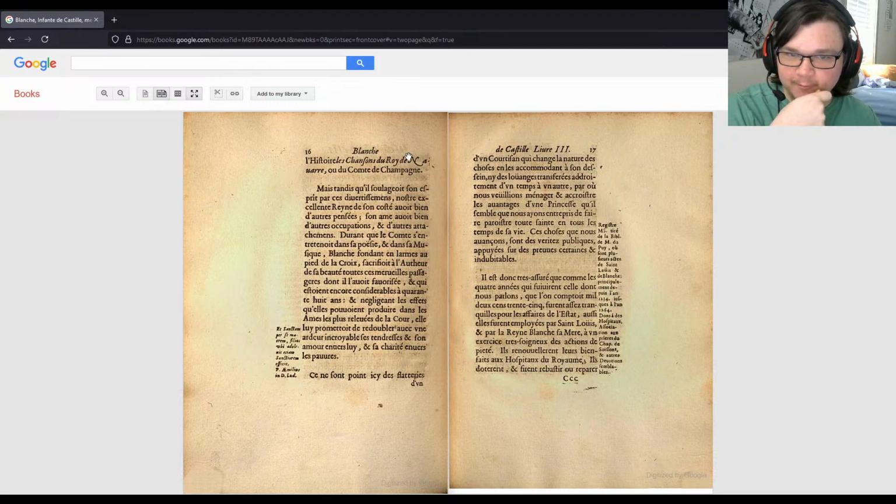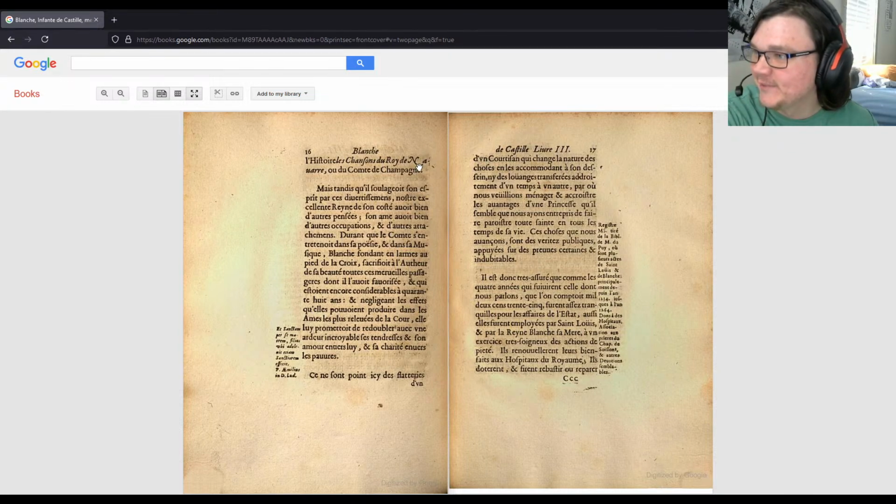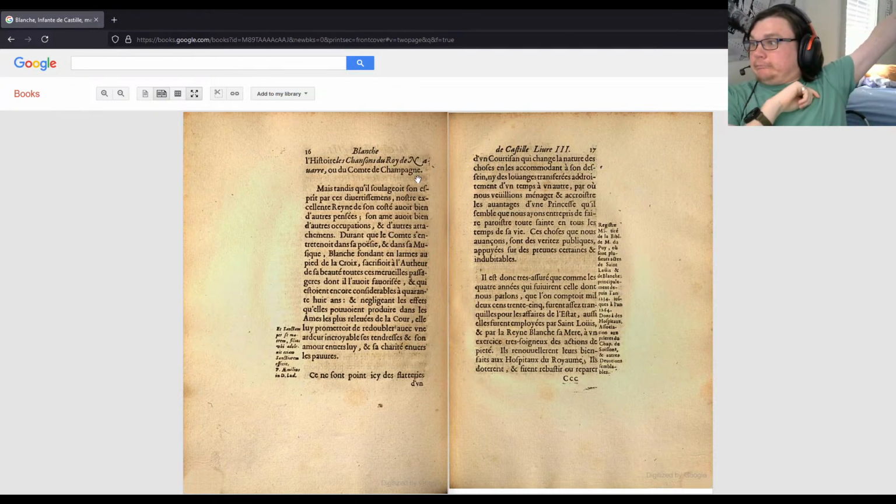The capital N. Why is there this giant thing at the bottom? That is interesting. That is weird. I was not expecting that. That's like a badass N.